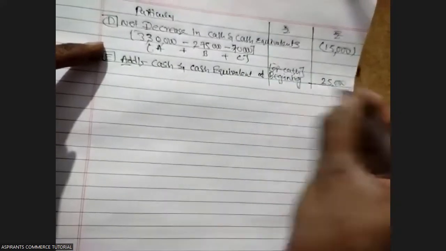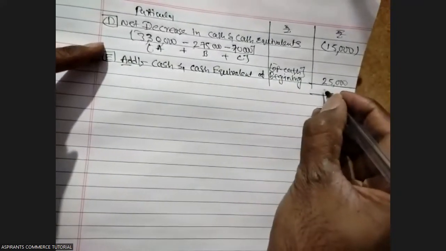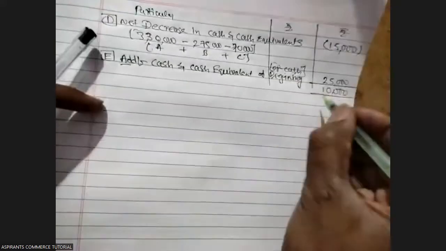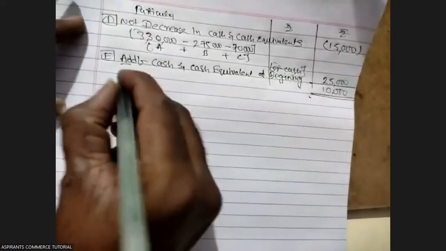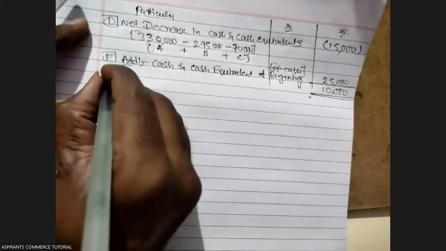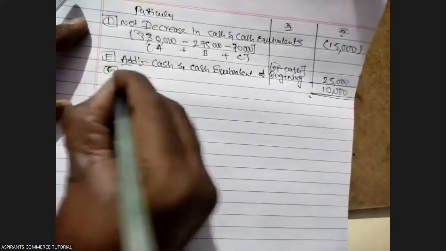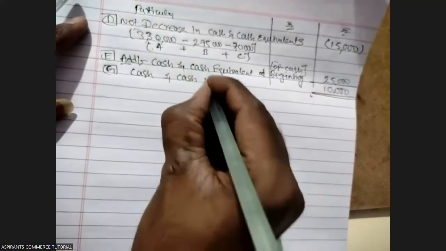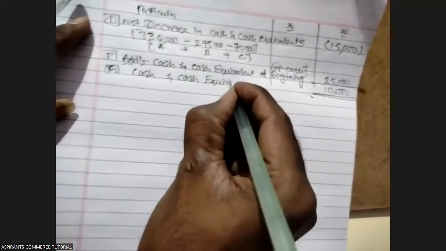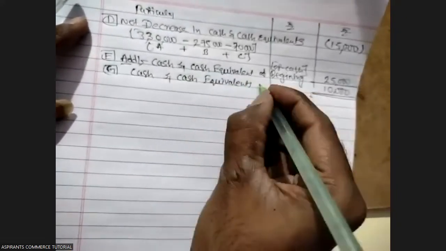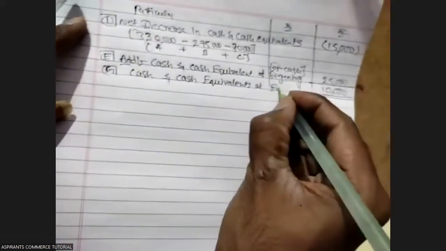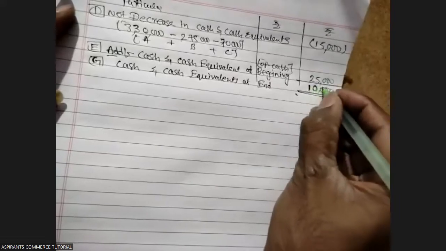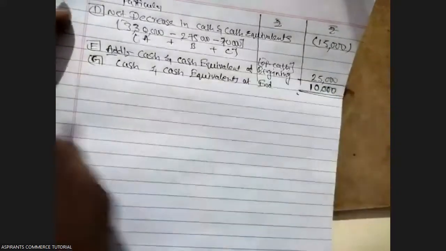So you will get closing cash balance 10,000. Is it correct? Yes, sir. See the question. There will be cash and cash equivalents at end. This should be your answer, and the answer is 10,000 rupees closing cash balance.